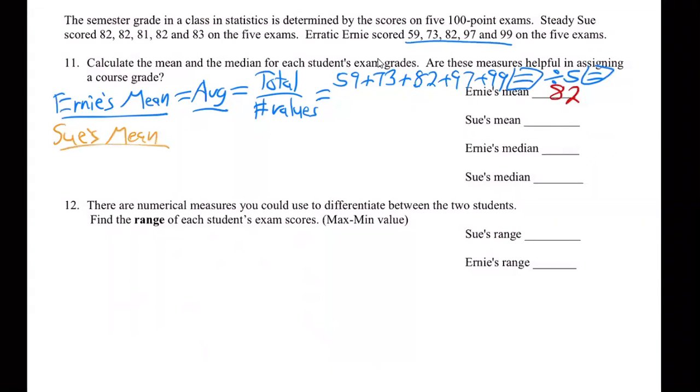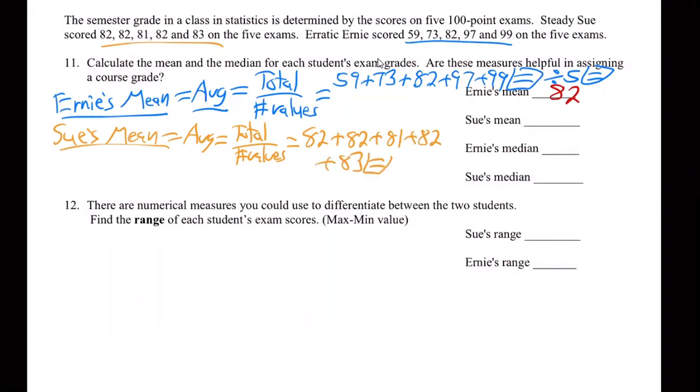Sue's mean, Sue's average. So again, we take the total for Sue over the number of values. And what's the total for Sue? We've got to add them all up. So I'm going to go 82 plus 82 plus 81 plus 82 plus 83.